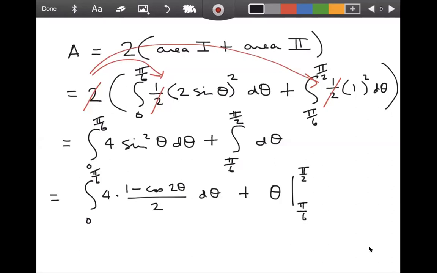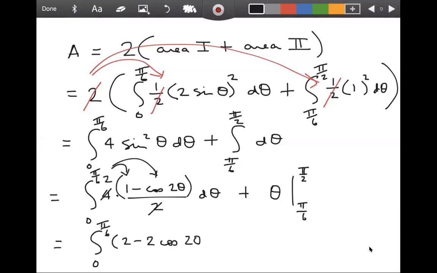All right. So 2 goes into 4 2 times. So we are going to be integrating, distribute that 2. That's going to give us 2 minus 2 cosine 2 theta. And then this over here is just going to be pi over 2 minus pi over 6.